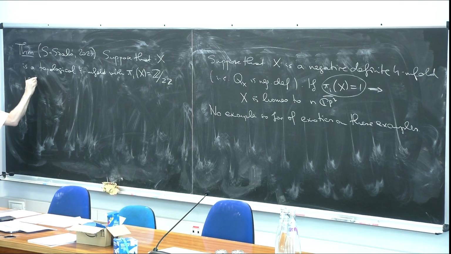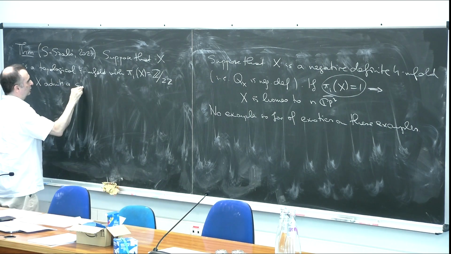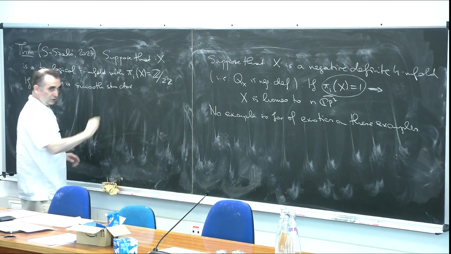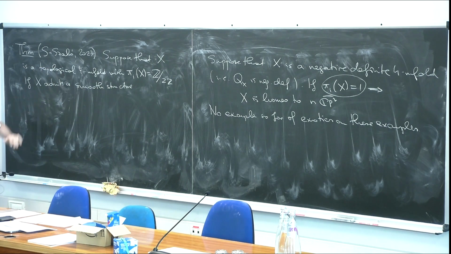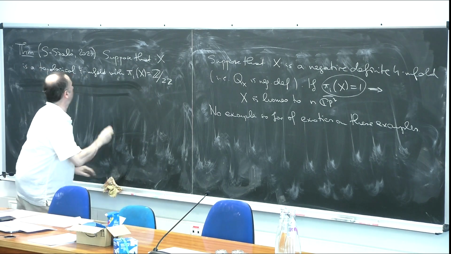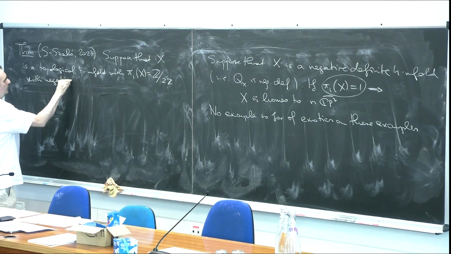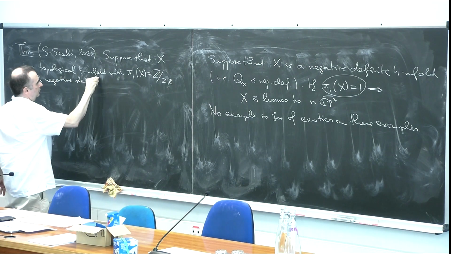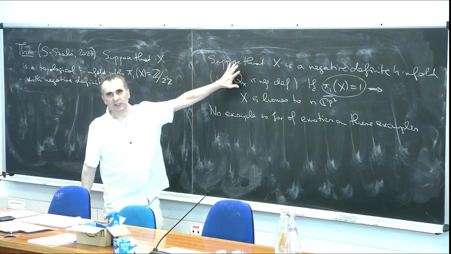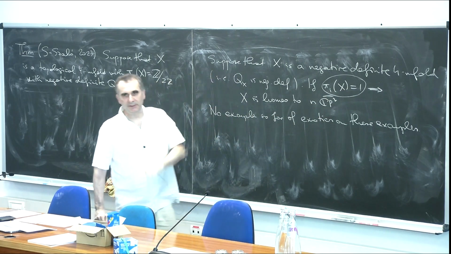If X admits a smooth structure, so this just says that Donaldson's, with negative definite intersection form, so this is exactly the same situation, except I demand the fundamental group be a little bit bigger.